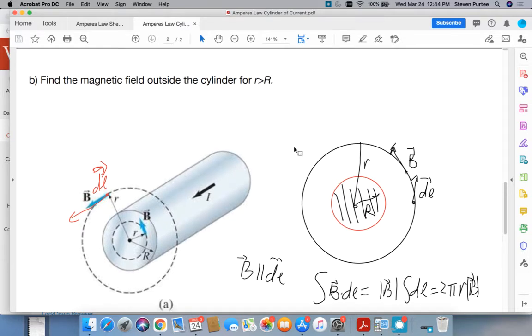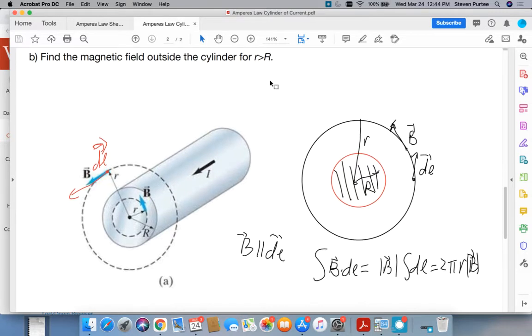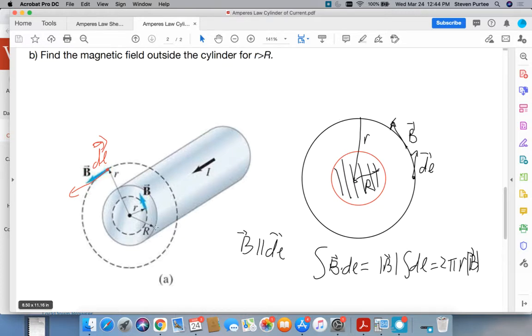Okay, now we're going outside the cylinder. So I want to find the magnetic field out here, a distance little r from the center, where little r is bigger than big R. So looking at this from the top, the current's flowing out towards our eyeballs right now. All the current lives in here. I'm way out here.